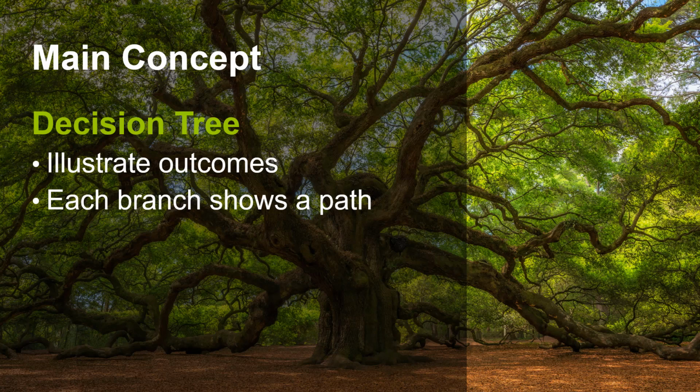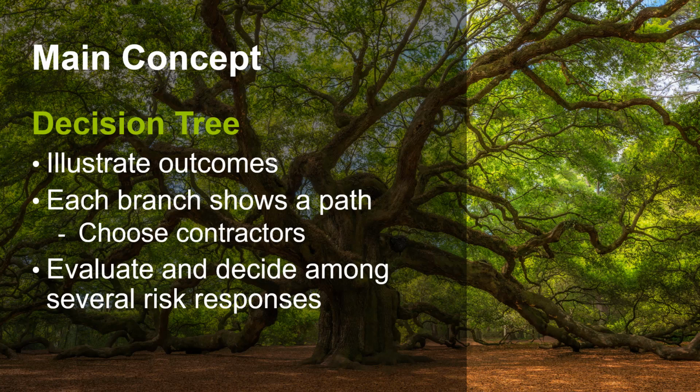For example, on your project, you may need to choose between a contractor that is cheaper but is notorious for being late in delivering projects, or another contractor who is more expensive but who has a good track record for on-time completion of projects. You can draw a branch for each contractor on a decision tree. Decision trees can help you clarify the uncertainties of each option with respect to investment and time.